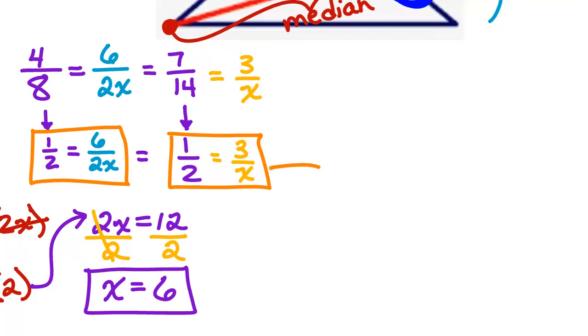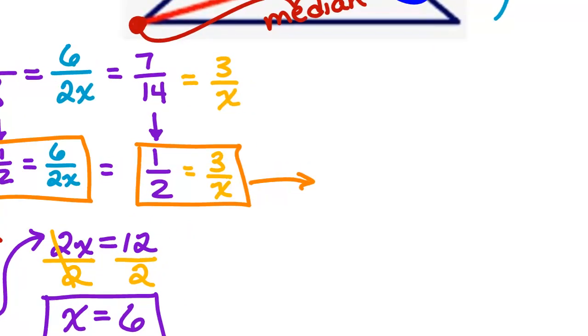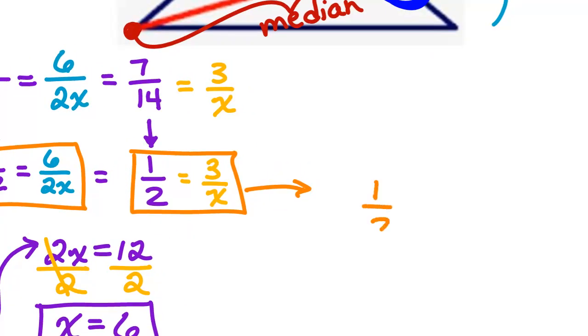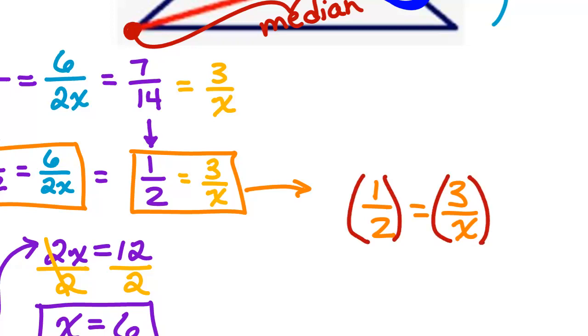If we did it with just half of that third side, from the midpoint over, so that I have 1/2 equals 3 over x, I should get the exact same thing for x. So we're going to multiply by our denominator. Which denominator do you want to multiply by first? X sounds good. You can multiply by either denominator first.